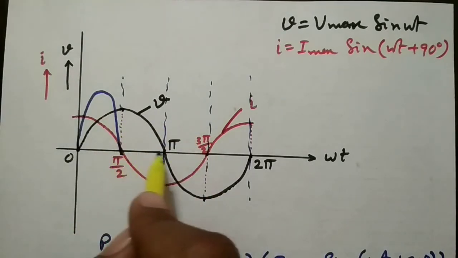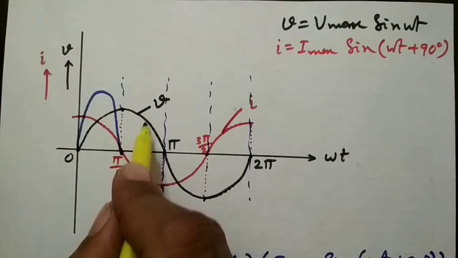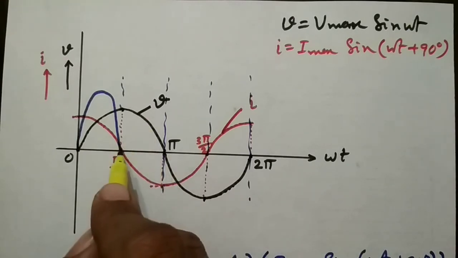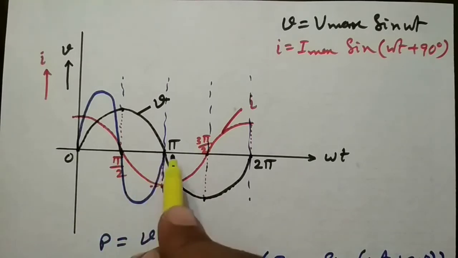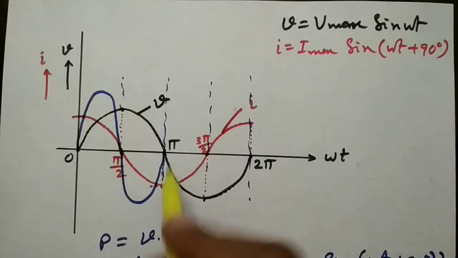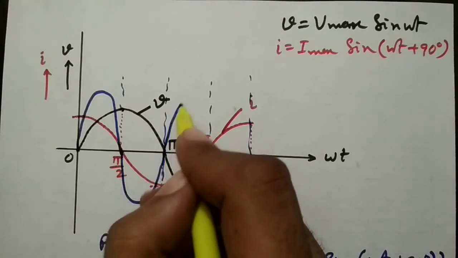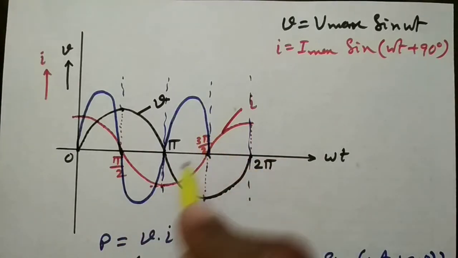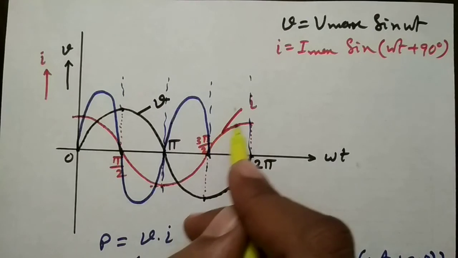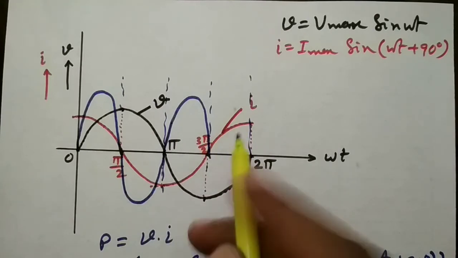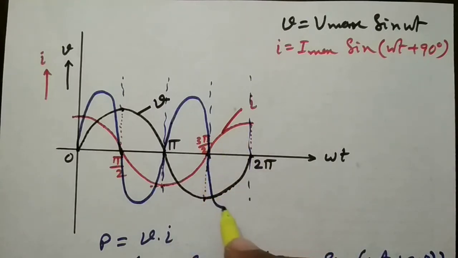From pi by 2 to pi, the voltage is positive but the current is negative, so their product, the power, will be negative. From pi to 3 pi by 2, voltage and current are negative, so the product will be positive. And from 3 pi by 2 to 2 pi, the current is positive but the voltage is negative, so again the power will be negative.